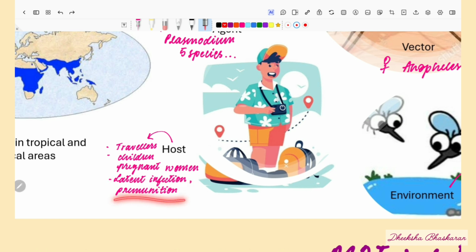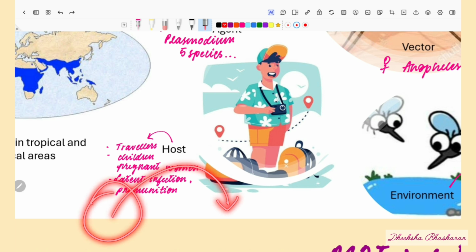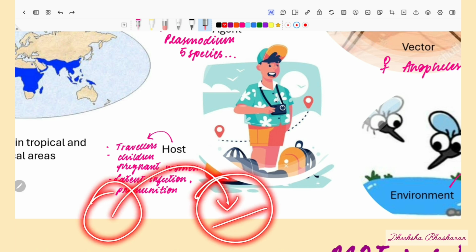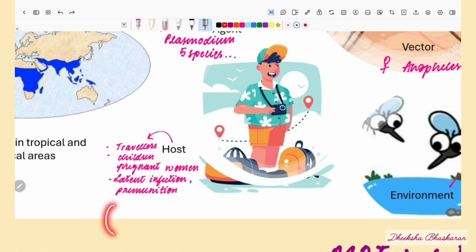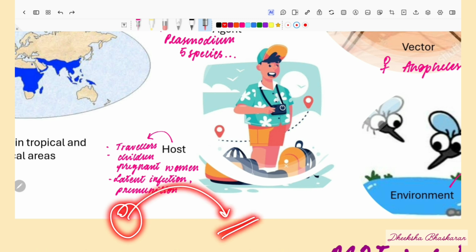Premonition: what is this? When a person from an endemic area goes to another area which is not endemic, he loses the immunity that he developed here. That is called premonition, meaning the loss of immunity when the person moves from a region which is endemic to a region which is not endemic.